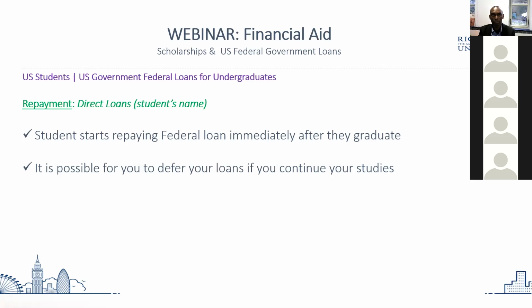I will email individual students when the loans arrive, and then that loan is automatically credited into your student account. After the finance office deducts your tuition and any other charges, they usually give the student a credit. They'll give you the credits back as a refund. And the federal government expects you to use that credit for your personal expenses, books, maintenance, even entertainment, I would add.